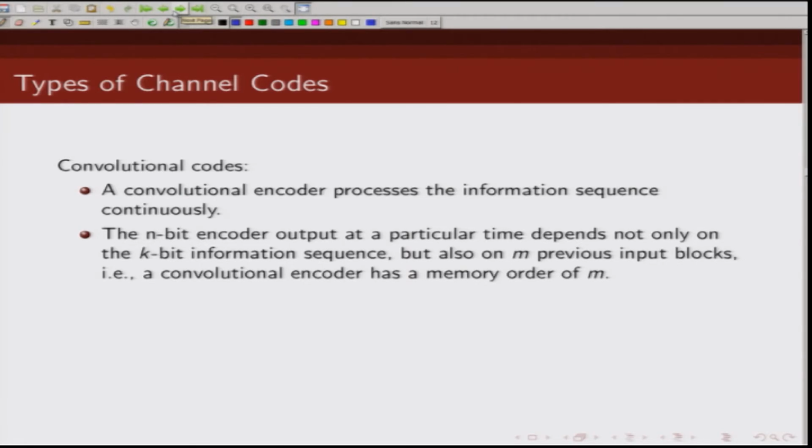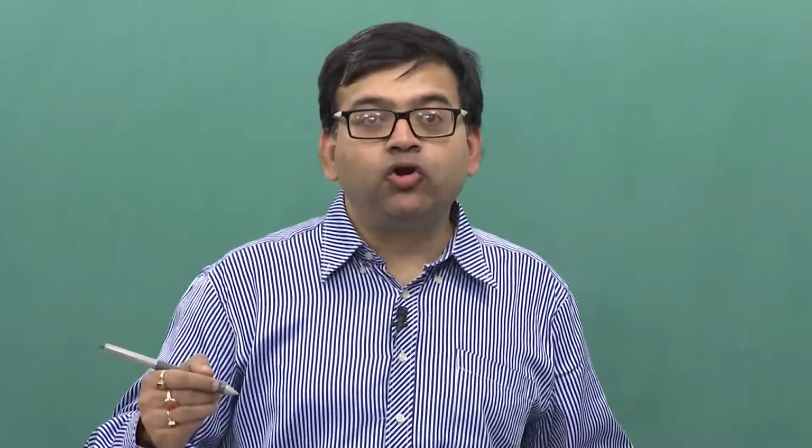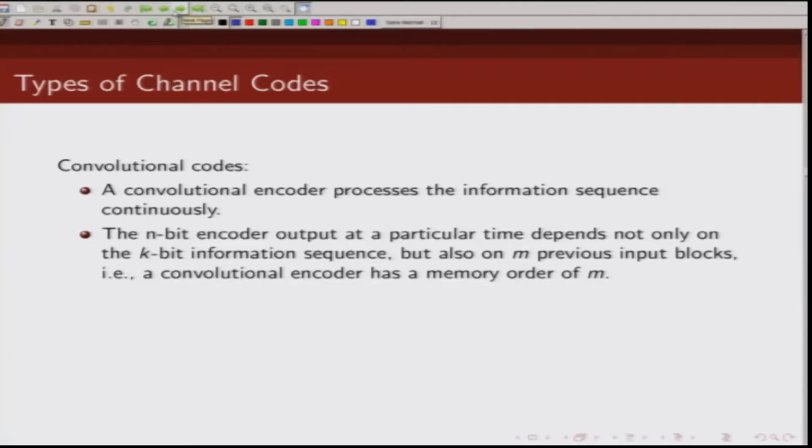In other words, the current output not only depends on current input, but it also depends on past inputs and outputs. Okay. So, unlike block codes, in convolutional codes the output depends on past inputs and outputs.